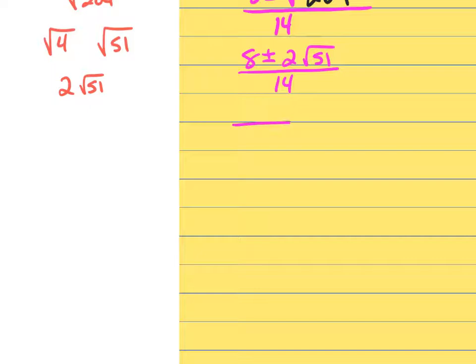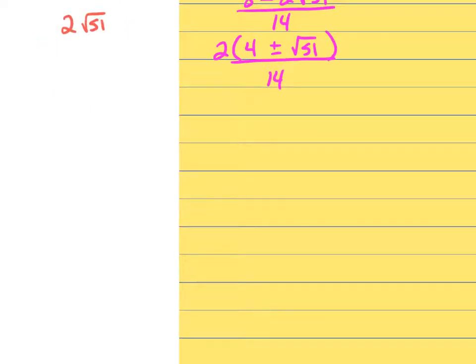All right, from here, on the top, I need to factor out the most possible. Between the 8 and the 2, I would ask myself, what's the largest number that goes into 8 and 2? And it's a 2. Well, 2 times 4 gives me the 8, and 2 times the square root of 51 gives me 2 square root of 51.